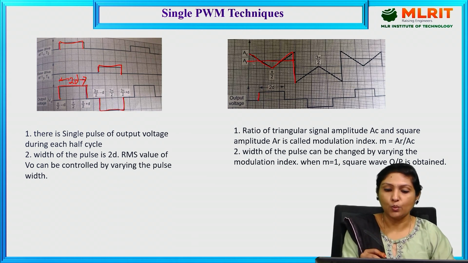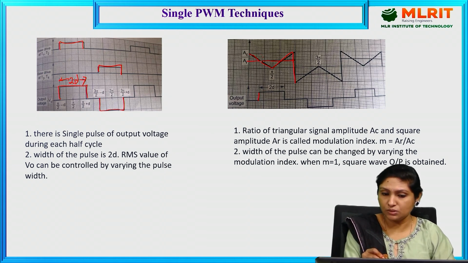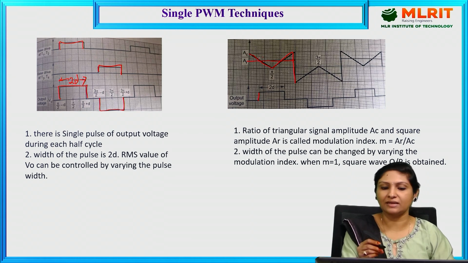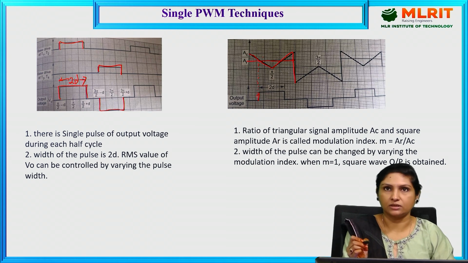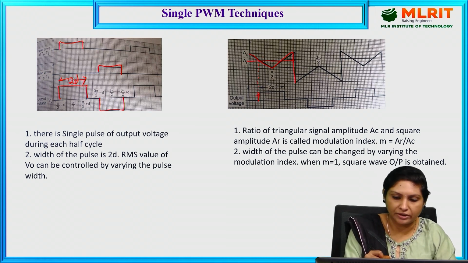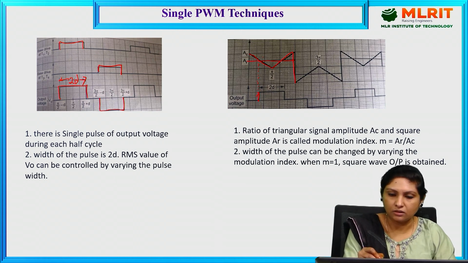Whenever the reference wave strikes the carrier wave, at that instant a triggering pulse is generated. At that instant we draw a single line, and at the other instant, when the reference wave strikes the carrier wave, we get another pulse.